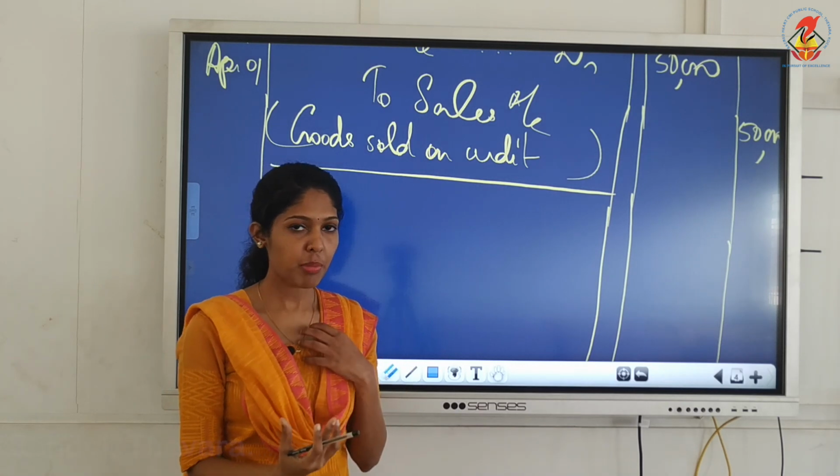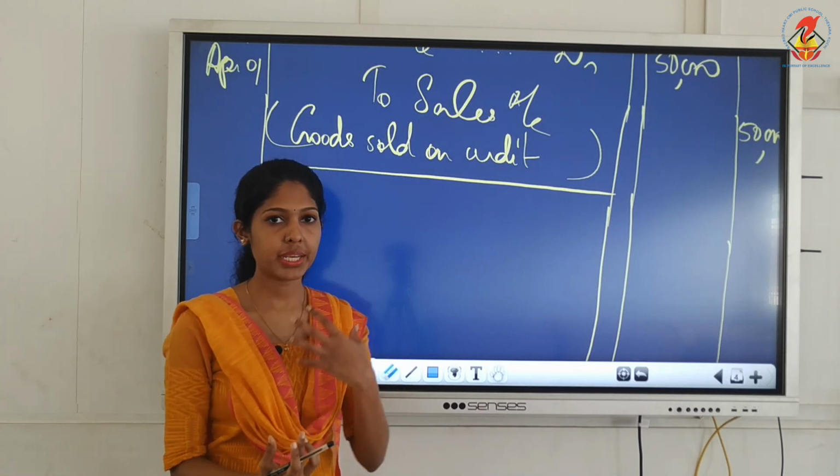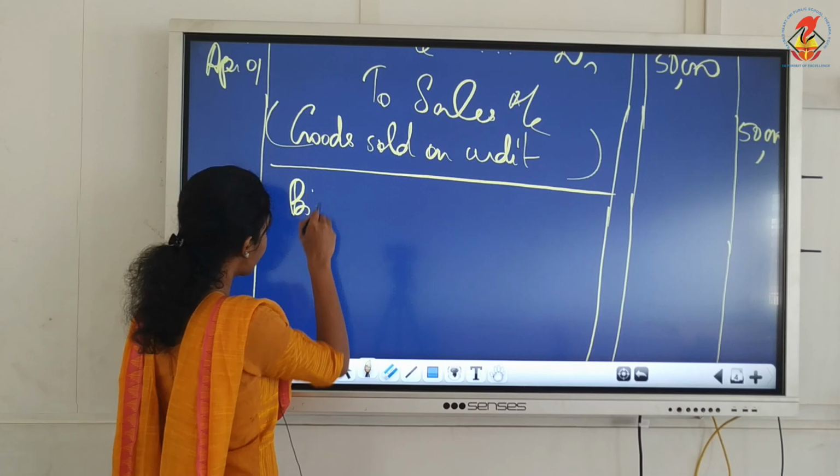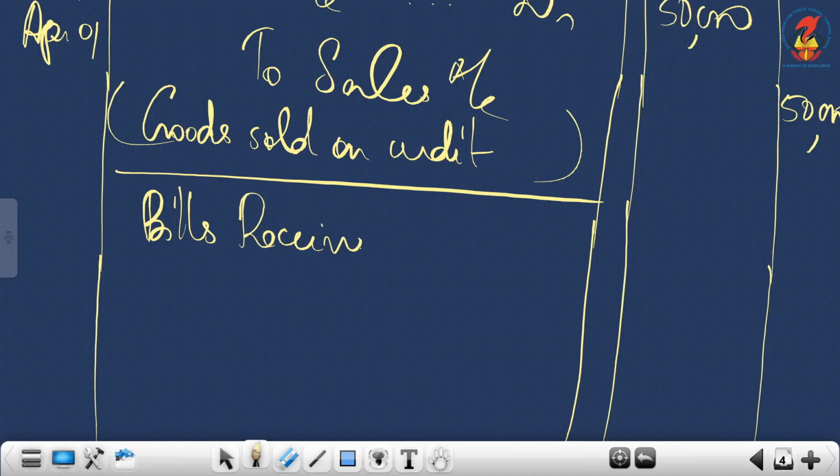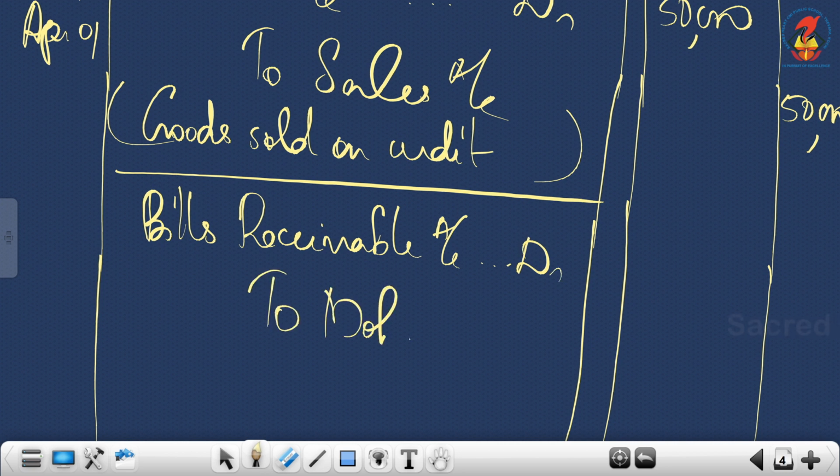Are we getting the amount from Mohan? No, we are getting a bills receivable. So we will write bills receivable account debtor to Mohan's account. Amount is the same.